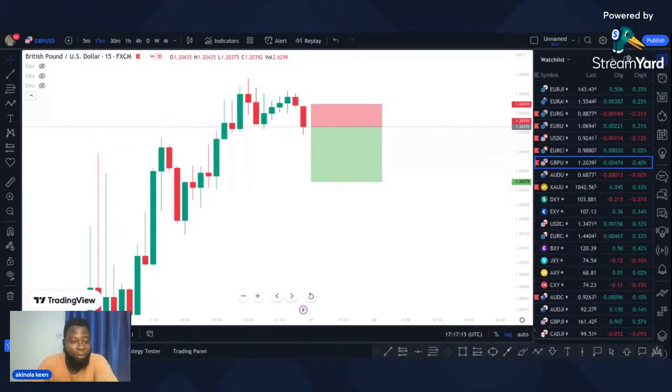The information from higher time frame is more original than the smaller time frame, and that is because smaller time frame decisions are taken very fast. You understand? You can say that the market is buying now in a smaller time frame. Before you know, the trend will change immediately. But once you see a trend on higher time frame, you can decide any way to join the trend without even rushing.